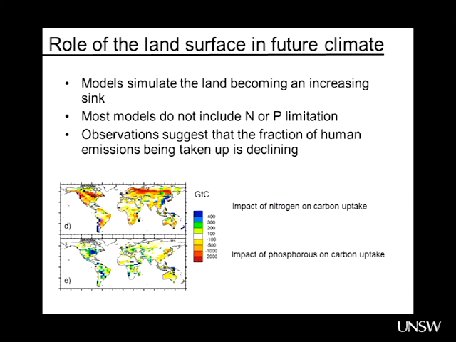This is a simulation with a climate model, actually CSIRO Mark 3L, for those of you interested, showing the pattern of reduced carbon uptake in gigatons as a consequence of adding nitrogen limitation into the land surface.